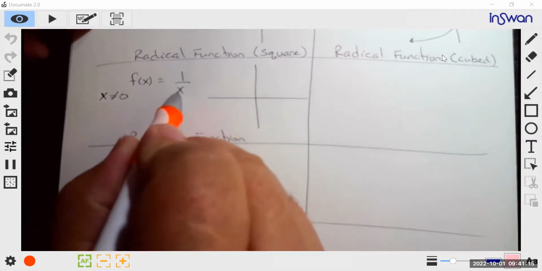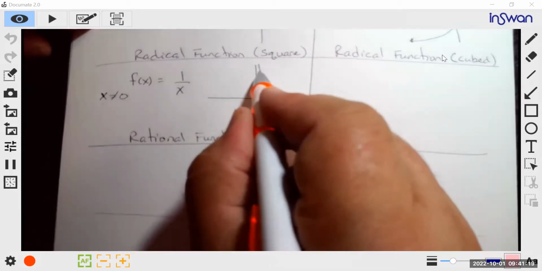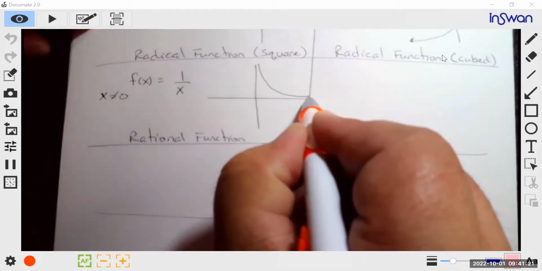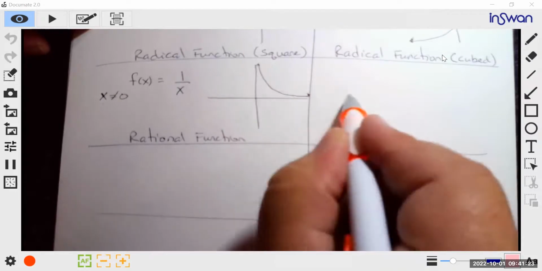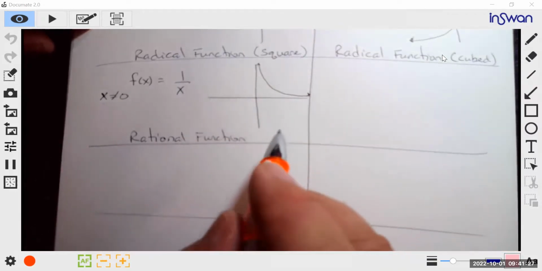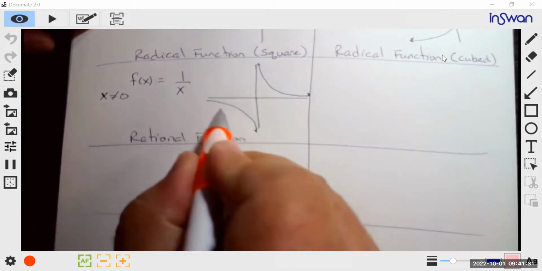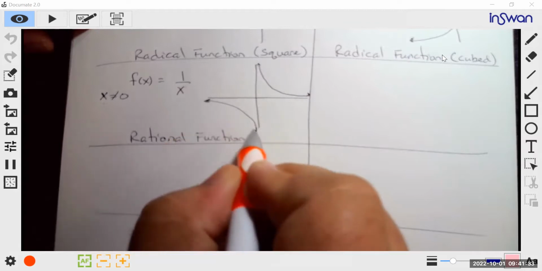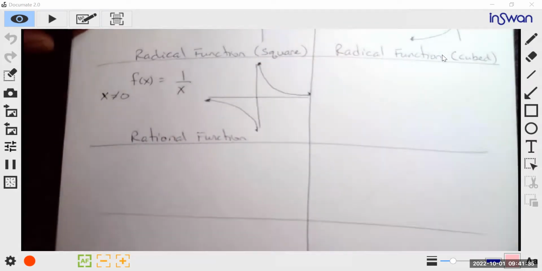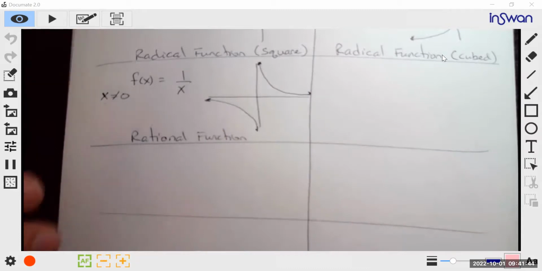The bigger x becomes, the smaller this number becomes. So it looks like this. The closer it gets to 0, the bigger the number gets. Or the bigger the number gets, the lower it gets to 0. And I'll use negatives as well. If X is negative, Y is going to be negative. If X is positive, Y is going to be positive.